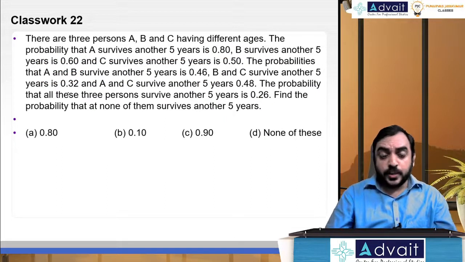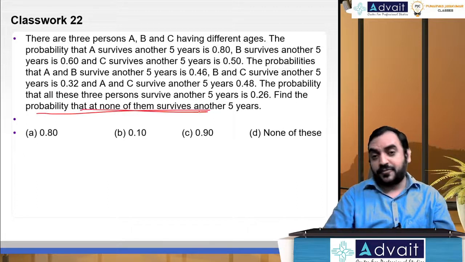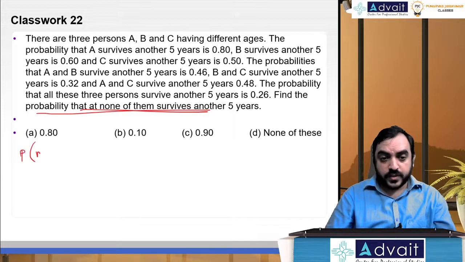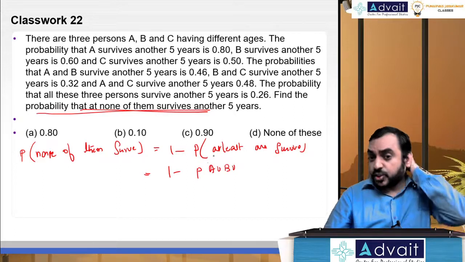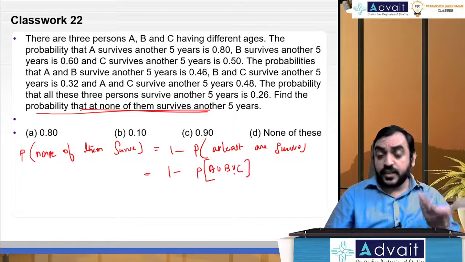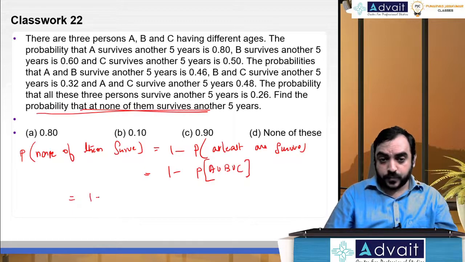So we need to find the probability that none of them will survive. Probability of none of them surviving can be calculated as 1 minus probability of at least one surviving. And at least one means what? Union. So probability of A union B union C. At least one means union. And for three sets, how do you calculate the union?